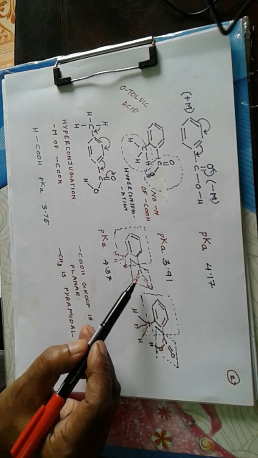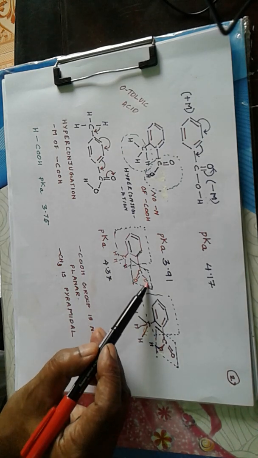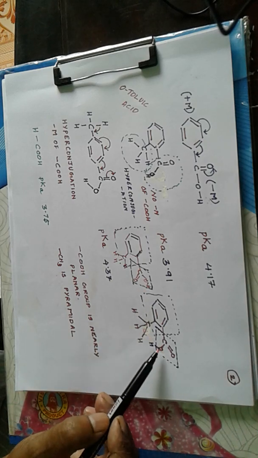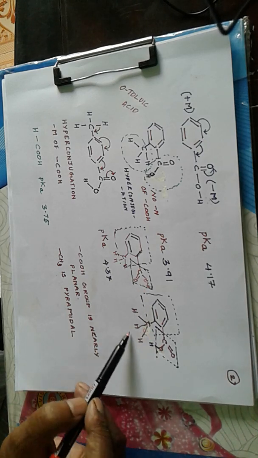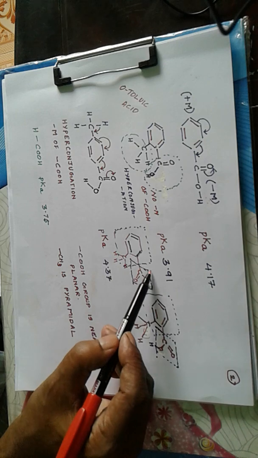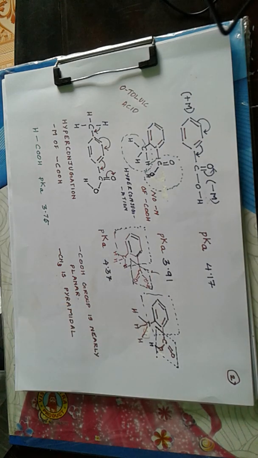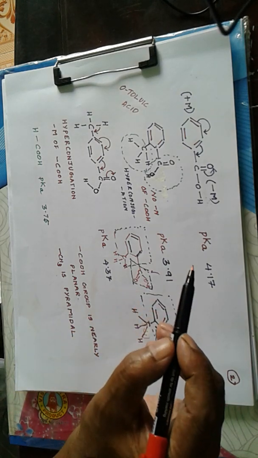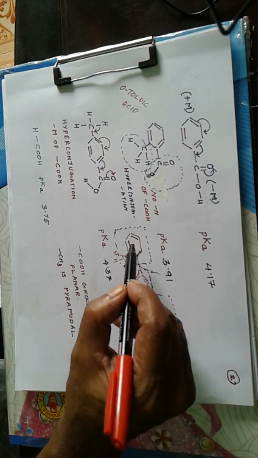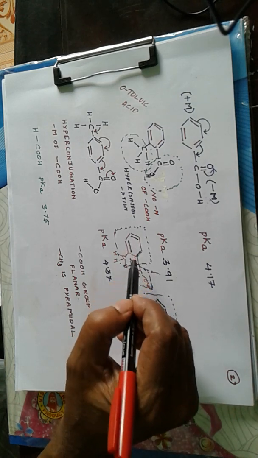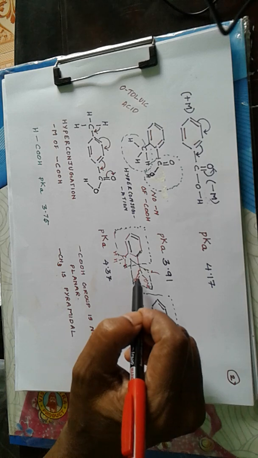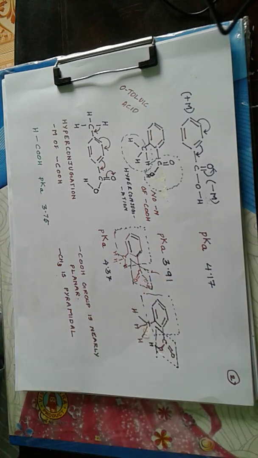Now this is more convenient because the OH bond in this case will be interacting with the CH3 group. So we can adopt this particular orientation of this structure. Now here what happens is that the pi bonds in the benzene ring and the pi bond in the COOH group are not mutually parallel.